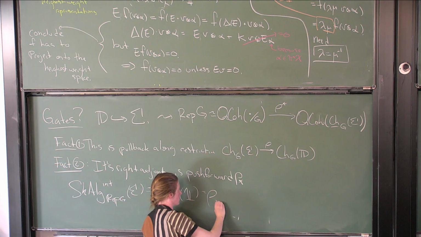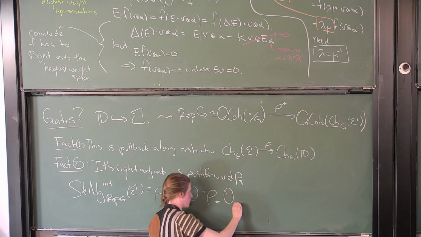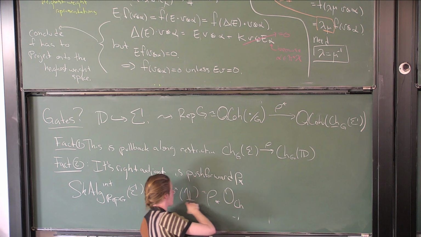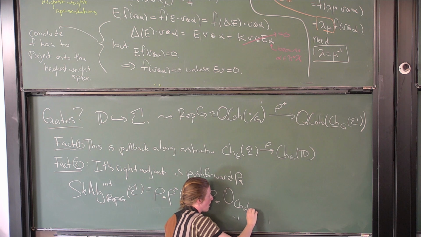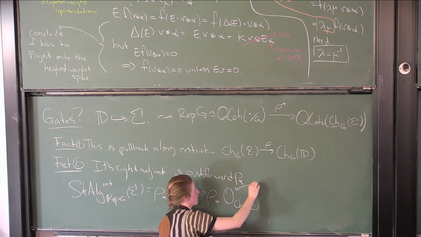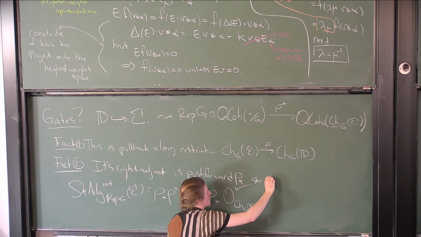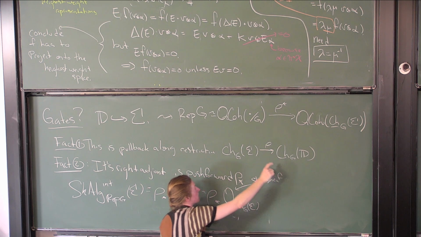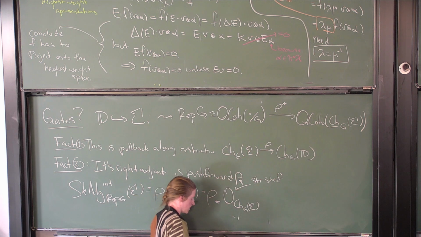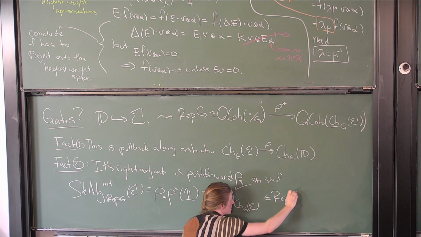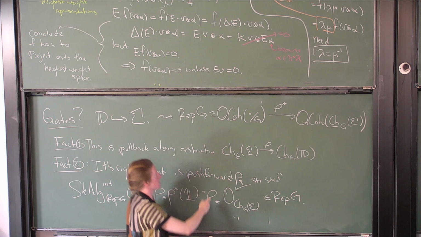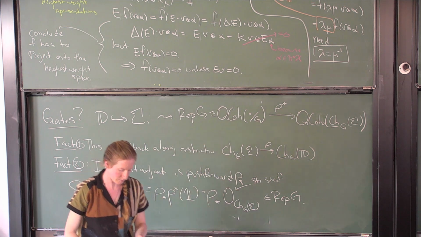So this will be rho lower star of the structure sheaf. And when I pull it back, I will get the structure sheaf on this character stack. The important thing for us to know is it's the monoidal unit here. And this is going to be inside rep G, because that's the category I end up in.